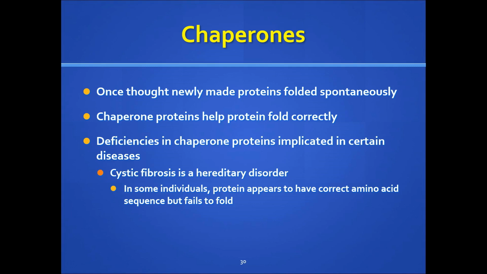As we talked about, protein folding is incredibly important to get to the proper tertiary shape. And so one of the things that we can look at is chaperones. Chaperones are special helper proteins. If you think about a chaperone, what's the definition? A chaperone is essentially somebody that helps assist something. And so here, chaperone proteins help the protein fold into its correct shape. So they're little helpers.